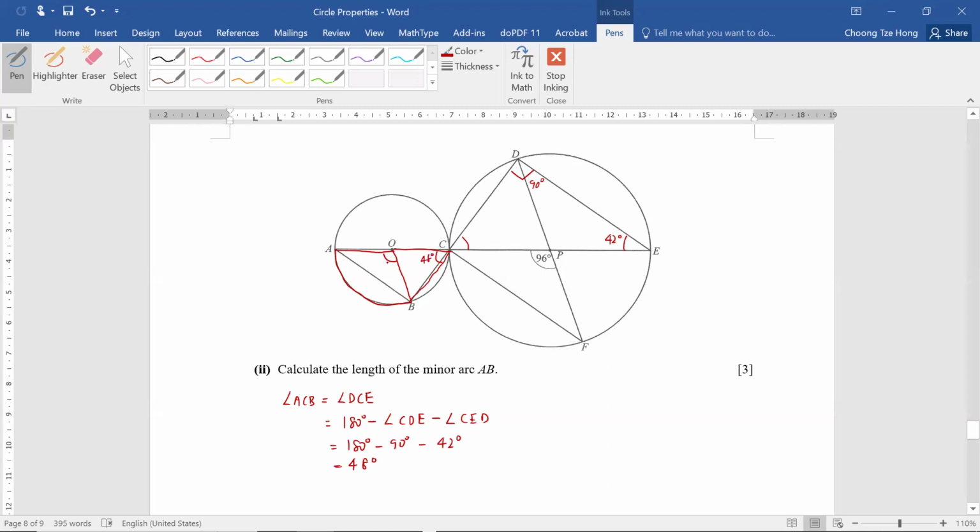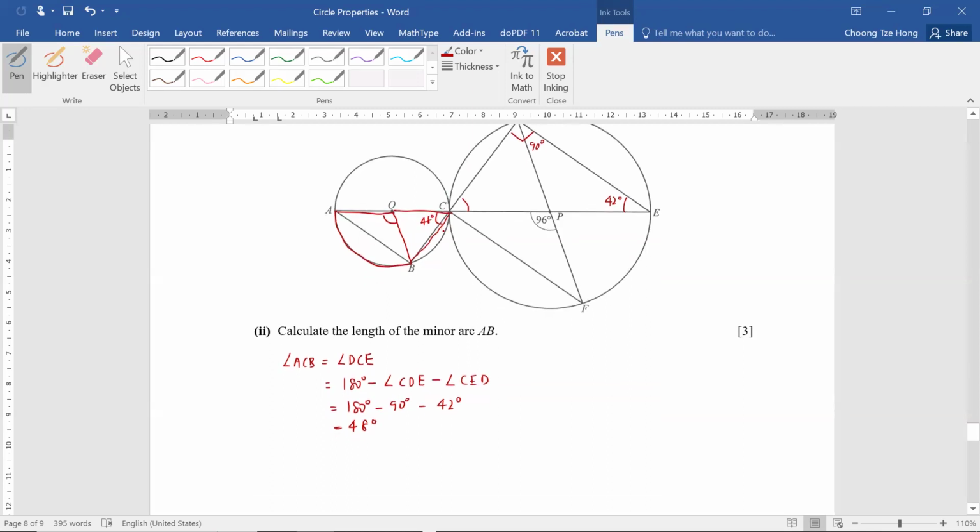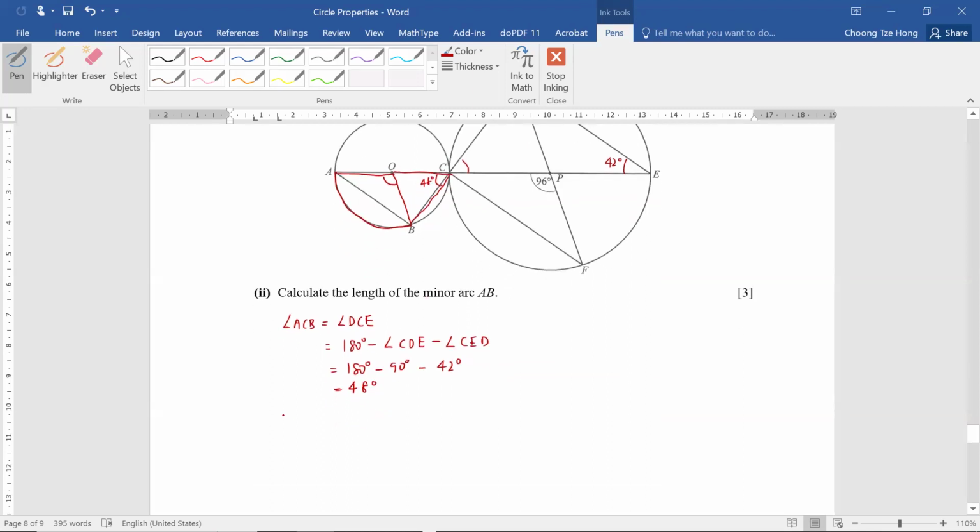So by angle at center equals twice angle at circumference, we can find angle AOB, right? So angle AOB will be 2 times angle ACB. Over here, write the reason: vertically opposite angles.